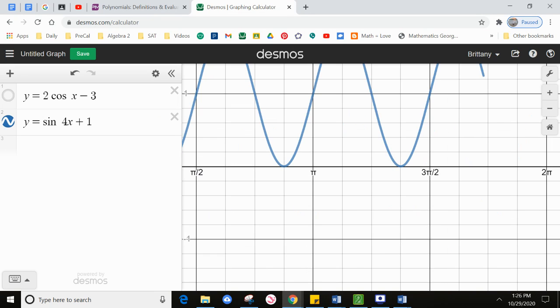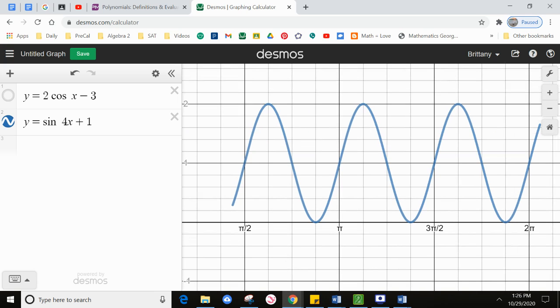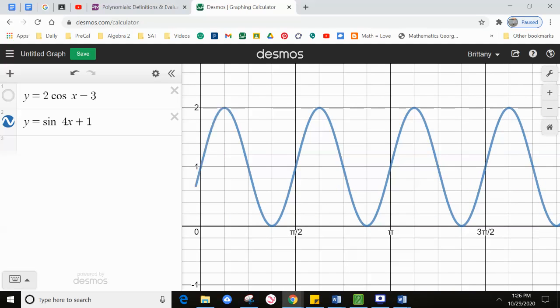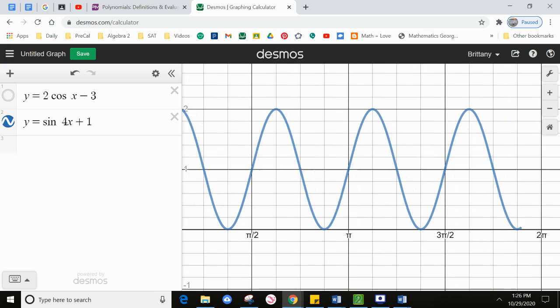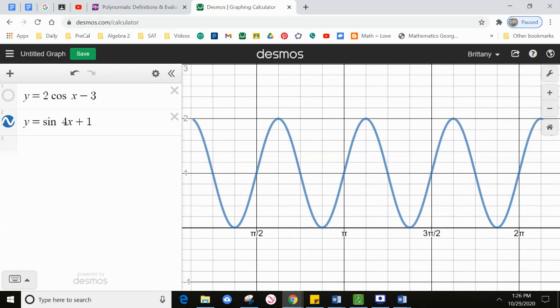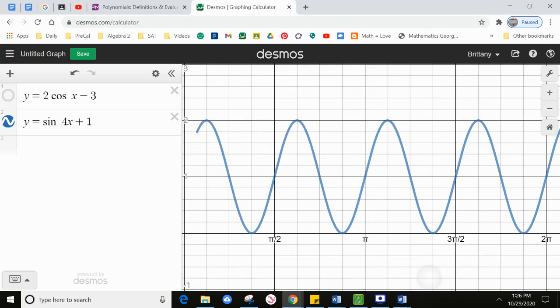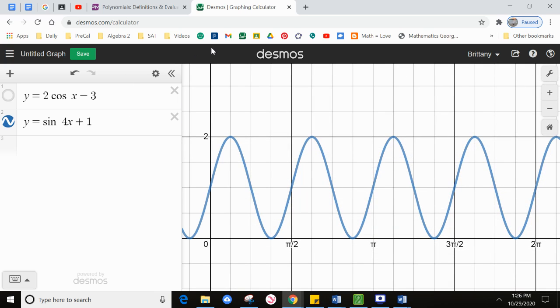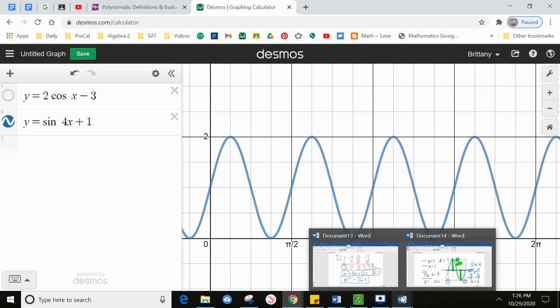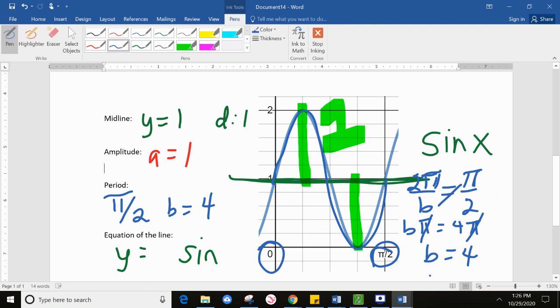Start at 0. We are completed at pi over 2. That's 1. Another cycle at pi, that's 2. 3. By the time you get to 3 pi over 2, how many cycles have we cycled through? 4 complete sine curves by the time we get to 2 pi. So that is another reason why the b value is 4 on this curve.